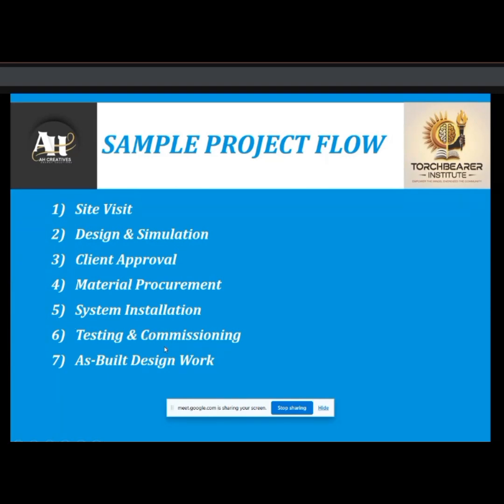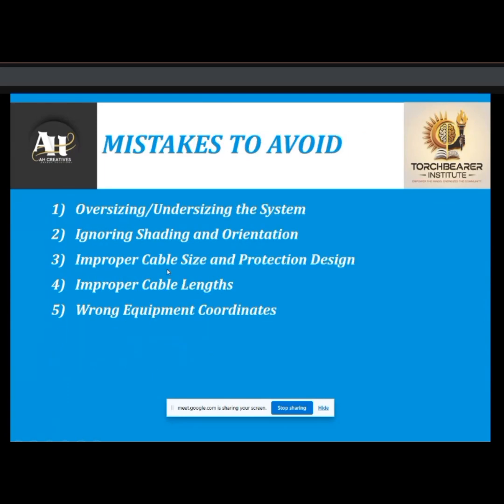In the system installation phase, there are multiple changes due to multiple reasons. For example, we laid out trenches in some area in the design, but on the actual site we have to divert our route. Then the as-built work is where we incorporate all these changes in the design, and then we submit it to the client for O&M purposes.